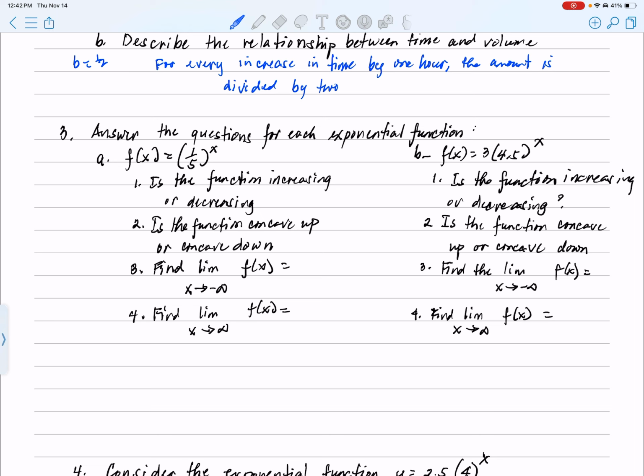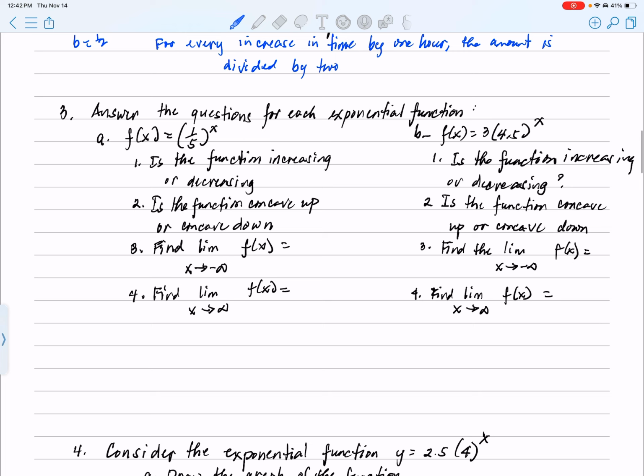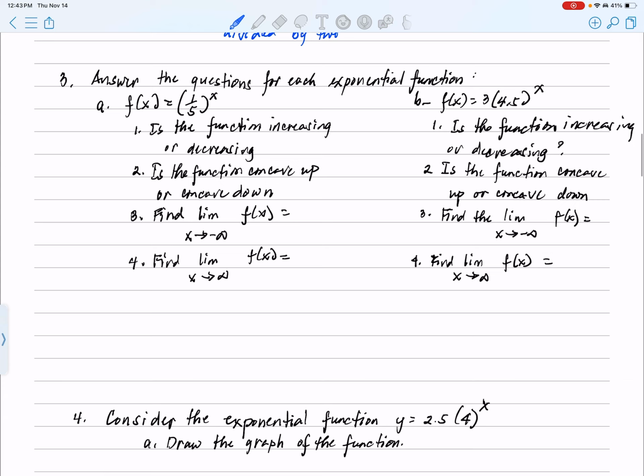So before doing that, I want to get a quick review of what is going to happen in terms of limits when a is greater than 0 or b is greater than 1. Okay, so in this case, let's say you have an xy coordinate here and the graph goes that way.